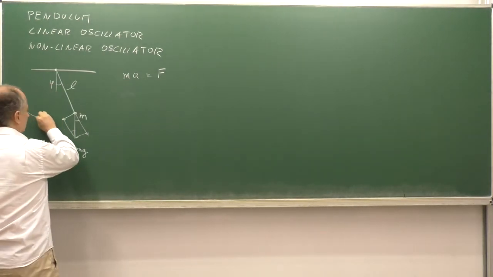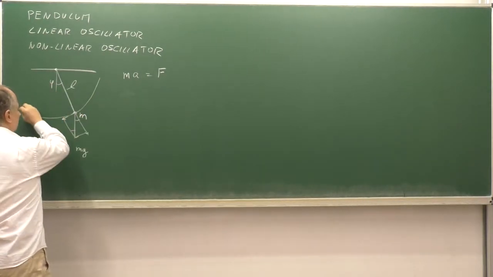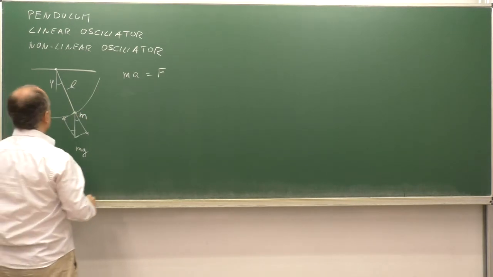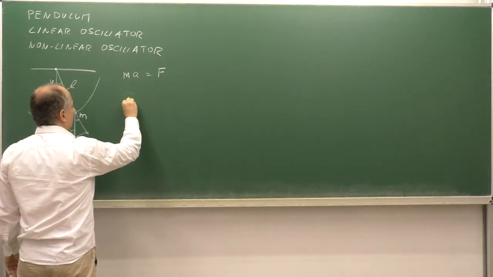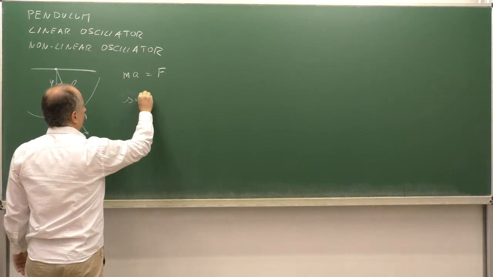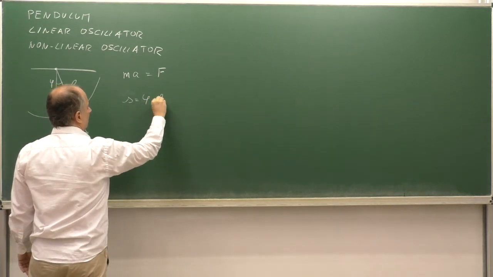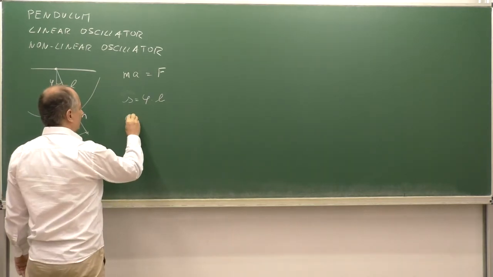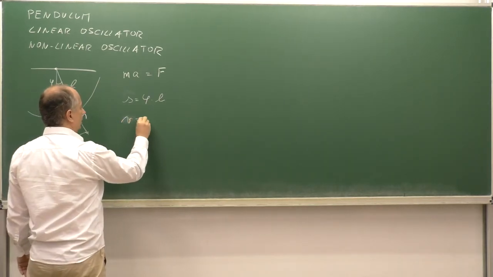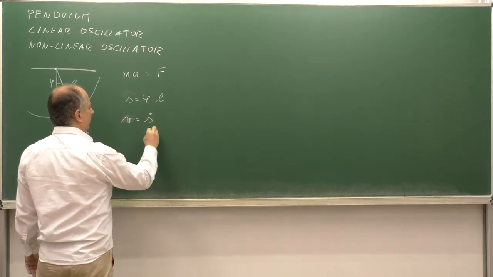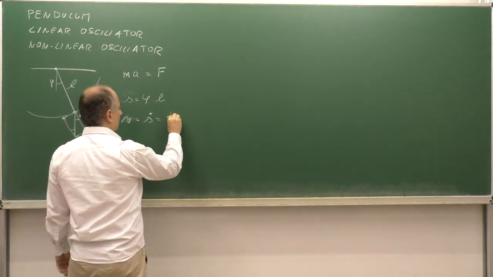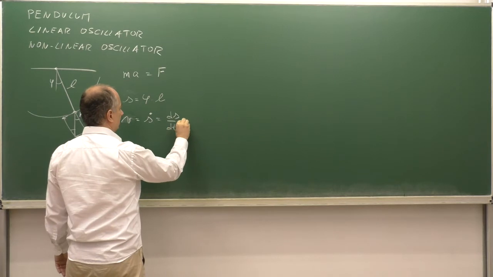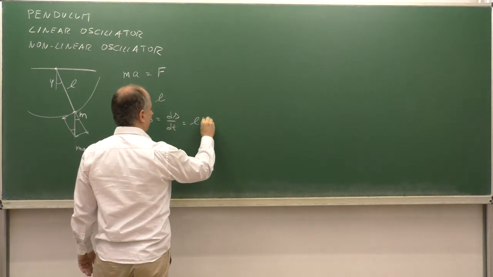If we consider the length along this arc, then the distance s is phi times the radius L. Then the velocity v is the derivative of s with respect to time, which is L times the phi derivative.